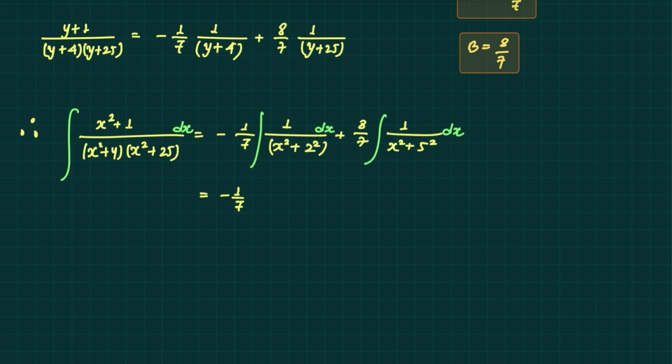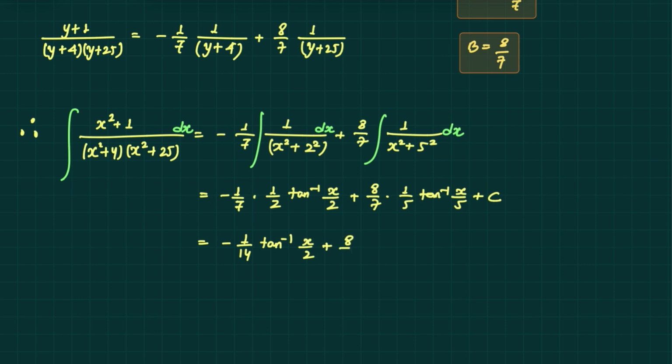So from that, this will be 1 by a, that is 1 by 2, into tan inverse of x by a, that is x by 2, plus 8 by 7 into 1 by a into tan inverse of x by a, plus c. So it equals minus 1 by 14 tan inverse of x by 2 plus 8 over 35 tan inverse of x by 5 plus c.